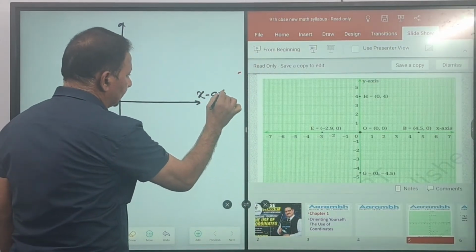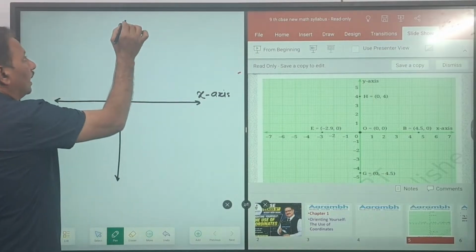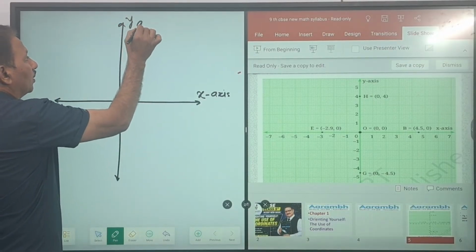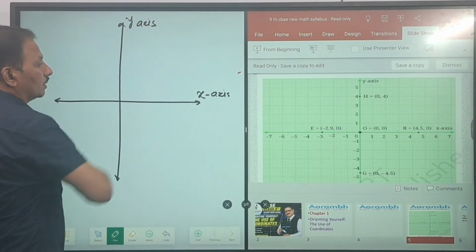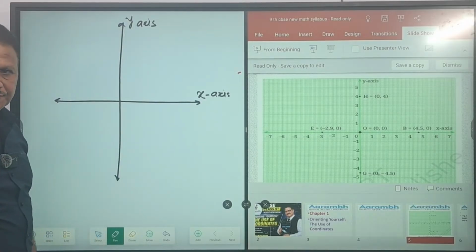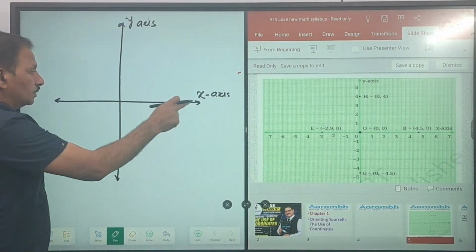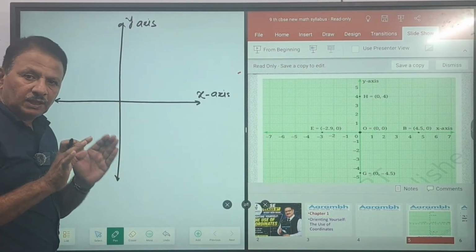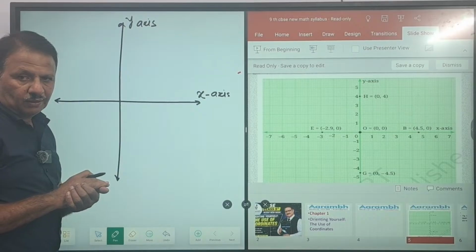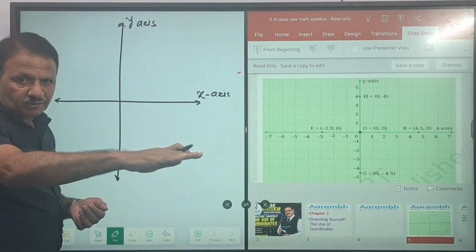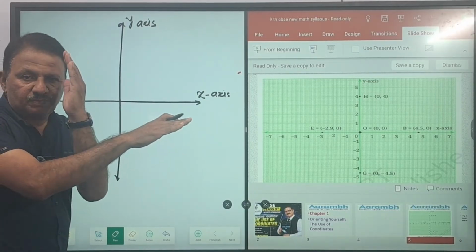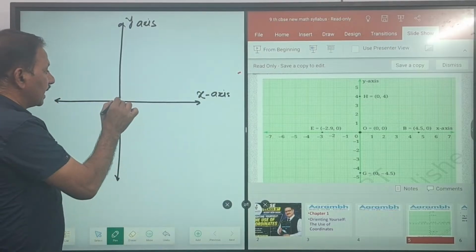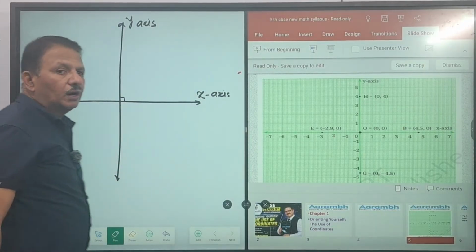This is your x-axis. The line which is perpendicular to the ground is your y-axis. The x-axis and y-axis, obviously they will be perpendicular, because one line is parallel to the ground, one line is perpendicular to the ground. It means the angle between them is equal to 90 degrees.